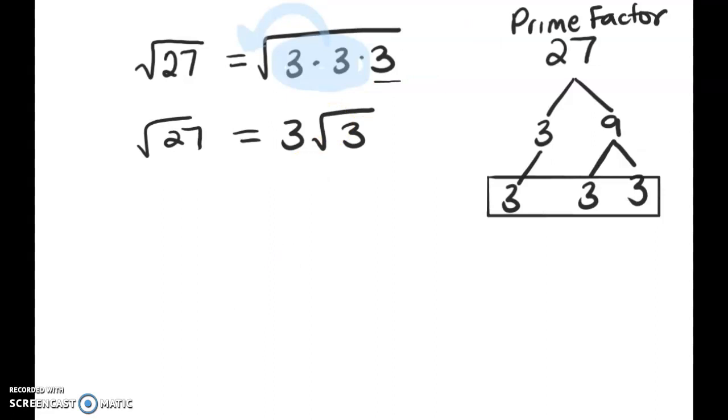Now, can I check if I've done this correctly? And the answer is yes, you can take a look at the calculator approximation. So let's pull up the calculator and look at that approximation. Put in the square root of 27, try it on your calculator and see what you get. And put in 3 times the square root of 3 and see what you get. Then let's do it together.